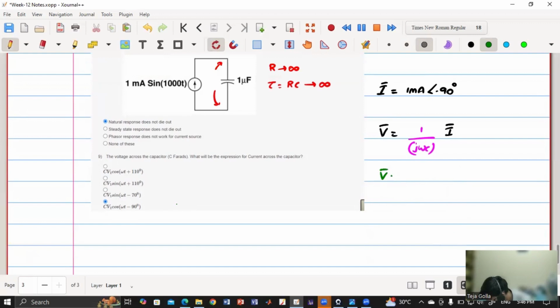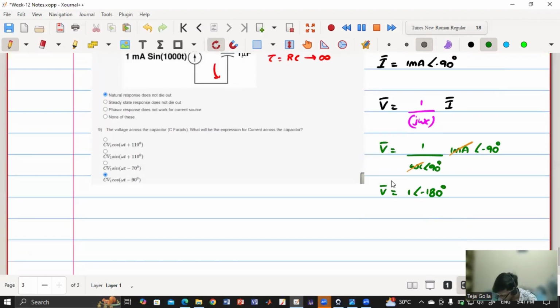V bar is 1 by omega c angle 90 degrees into I phasor. I phasor is 1 milliampere angle minus 90 degrees. So V bar is equal to what? Omega c is 1000 into 1 micro, which is 1 milli, and this is also 1 milli, so this will get cancelled. So V bar will be 1 angle minus 180 degrees.